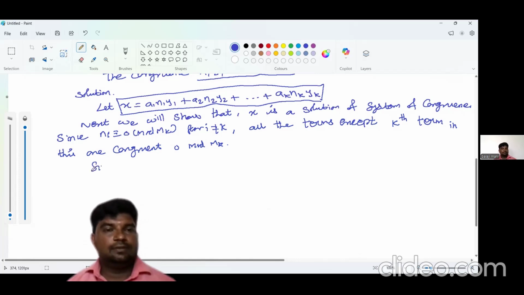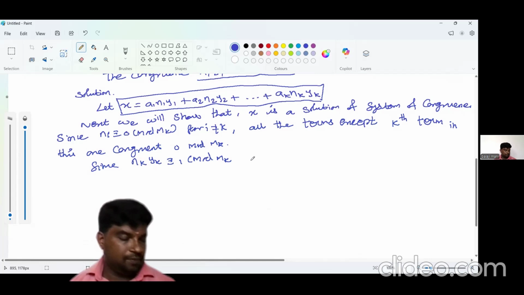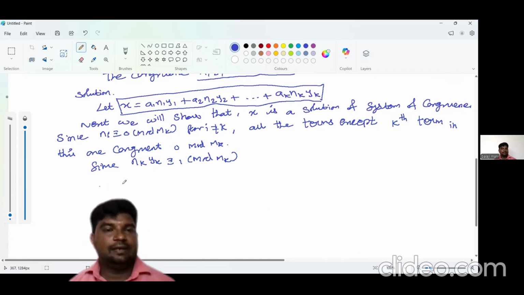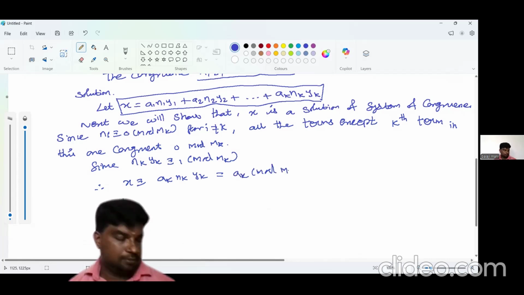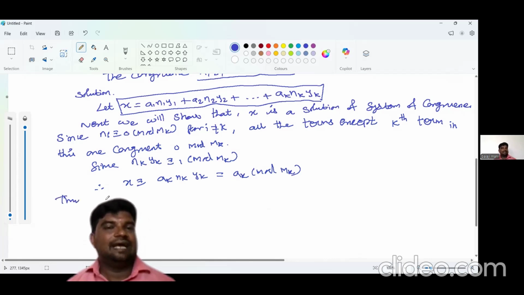Since nk yk ≡ 1 mod mk, we see that x ≡ ak nk yk, which implies x ≡ ak mod mk. So thus x satisfies the equations.